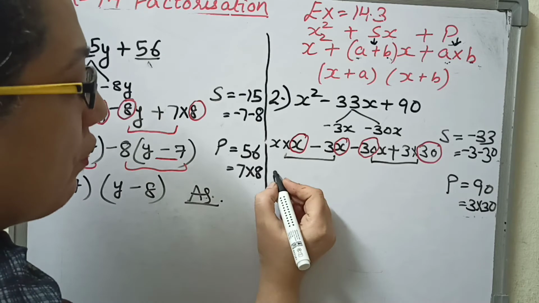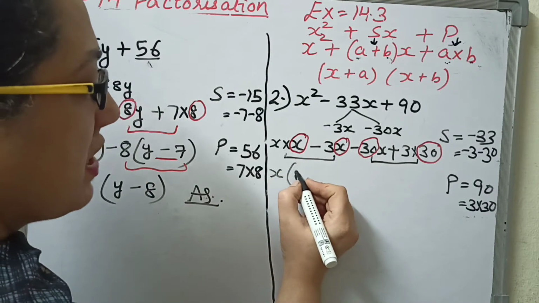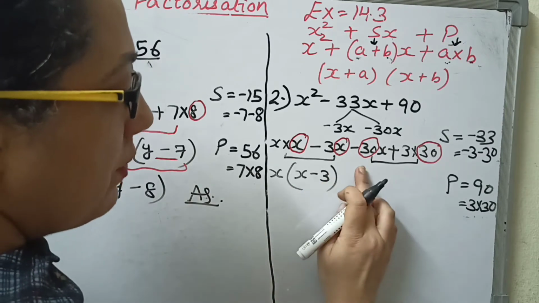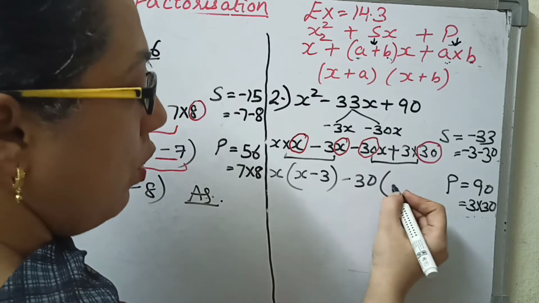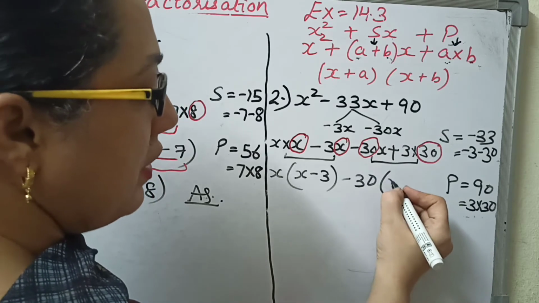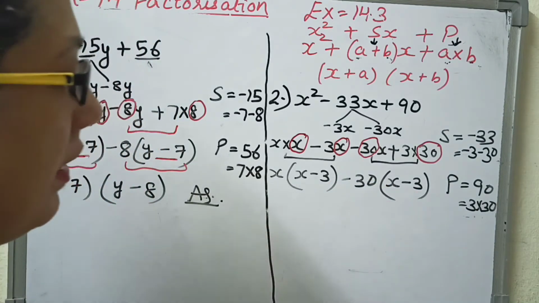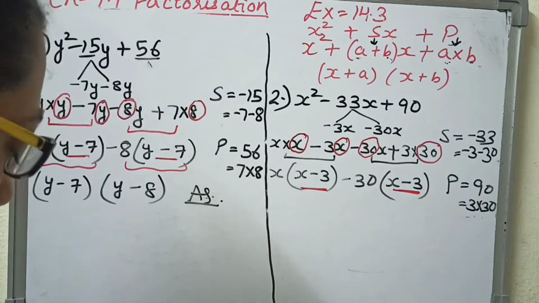So from the first two terms I write x outside the bracket and the terms which are left, x minus 3, inside the bracket. Now from the third and fourth terms minus 30 is common, and so what term is left inside the bracket? You know now, it is x minus 3, right? Again in the first and second terms x minus 3 is common.